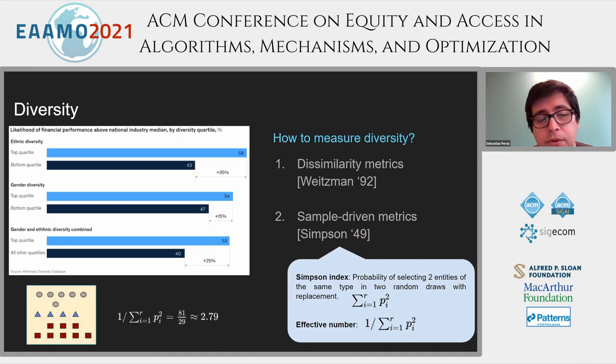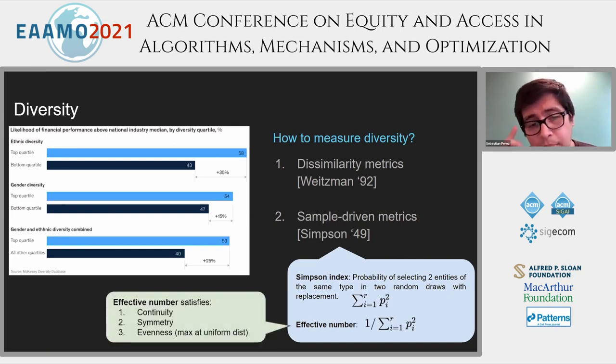So just to give you an example, here we have a population of 6 circles and 4 triangles and 8 squares. And the current effective number of this population is roughly 2.79. But if we increment the number of triangles, the effective number increases to 2.88.